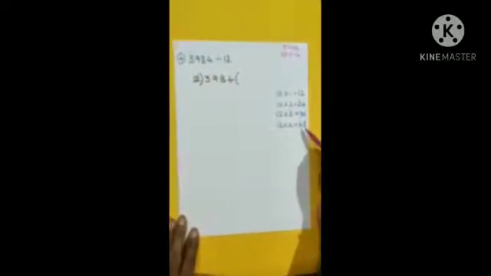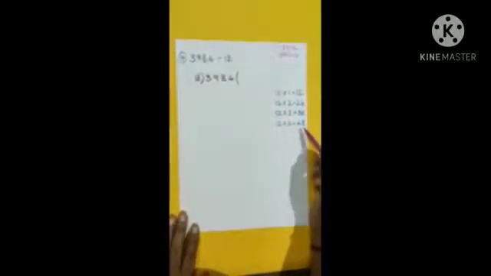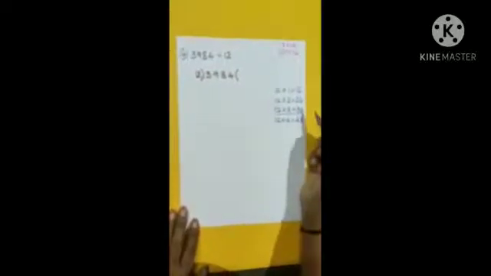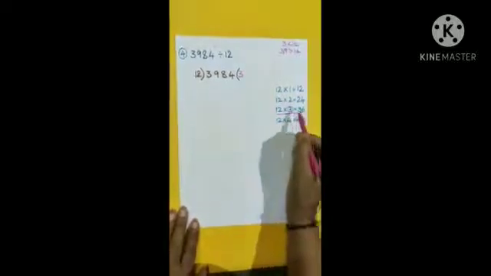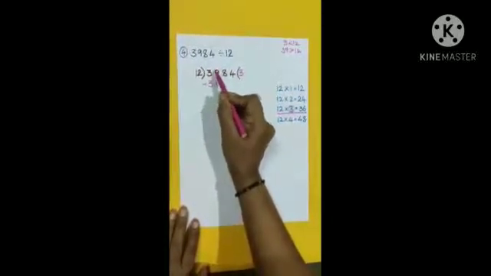Since 48 is greater than 39, we cannot take 12 fours are 48. We have to take 12 threes are 36. We write 3 in the quotient and 36 under 39 and subtract 36 from 39.